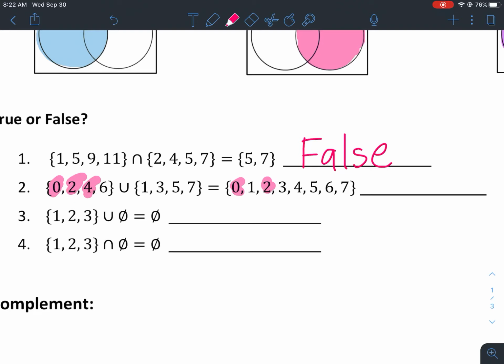Yep. 4? Yes. 6? Yep. And union means join them together, so we should have 1, 3, 5, and 7 also. We have 1, we have 3, we have 5, and we have 7. So that is a true statement. That is the union of those two sets. We join them together, all their elements.